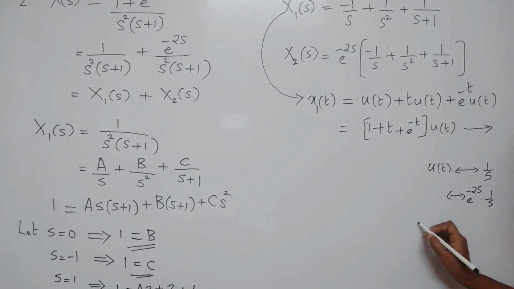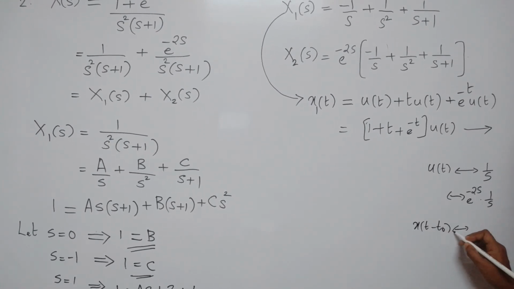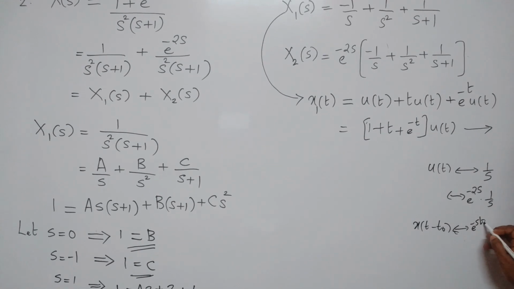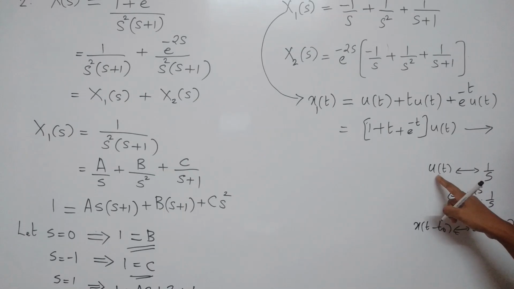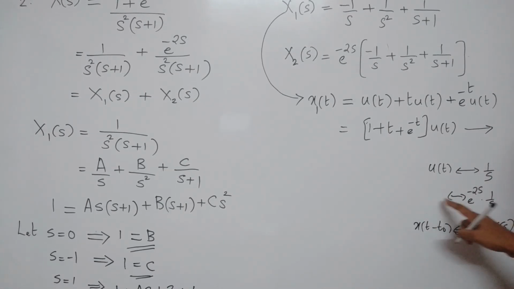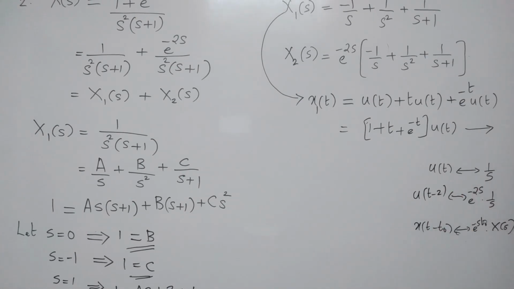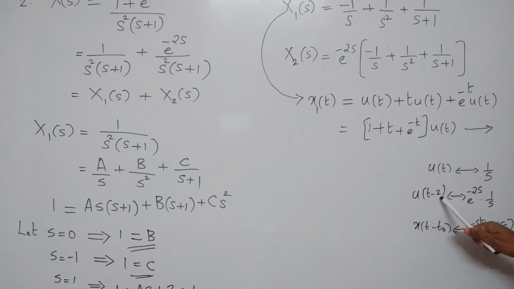What was the time shifting property? X of t minus t naught is e raised to minus s t naught into X of s. So if u of t is 1 by s, then the inverse of e raised to minus 2s into 1 by s is u of t shifted by 2 units. Correct? u of t minus 2 will be e raised to minus 2s into 1 by s.